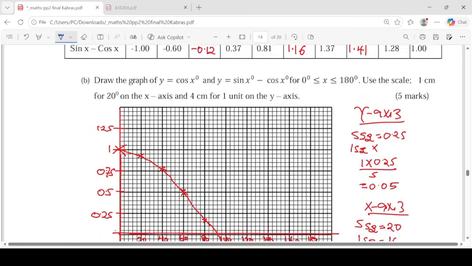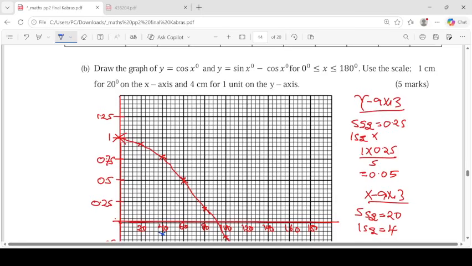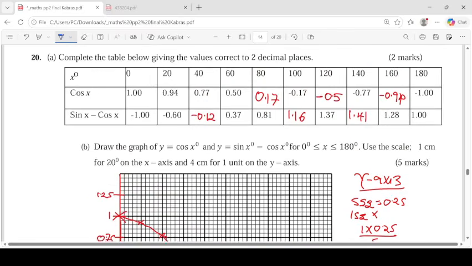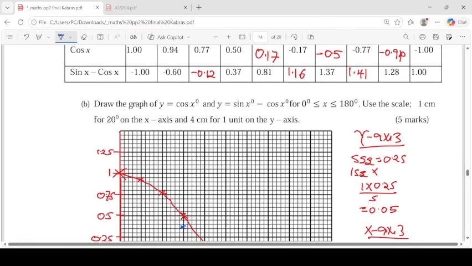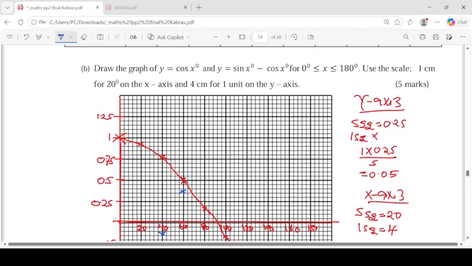That is 7.4 boxes. At 80, 0.81. That is 16.2 boxes. 5, 10, 15, 16.15 is here, 16.2.